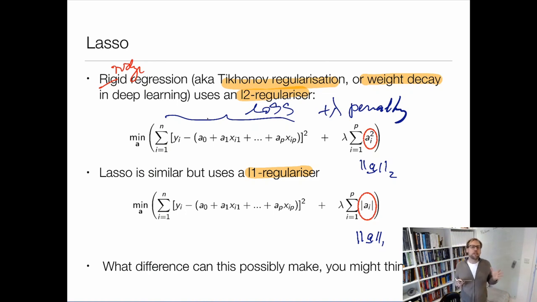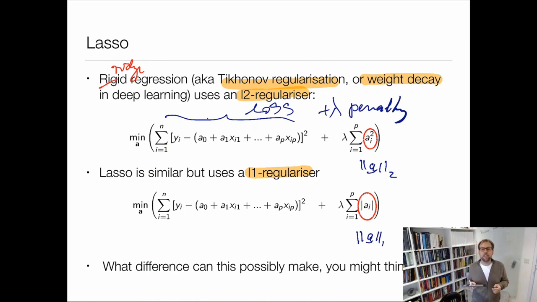So this looks like a rather straightforward extension, and you might ask yourself, well, what can possibly be so different about using a different form of norm here?